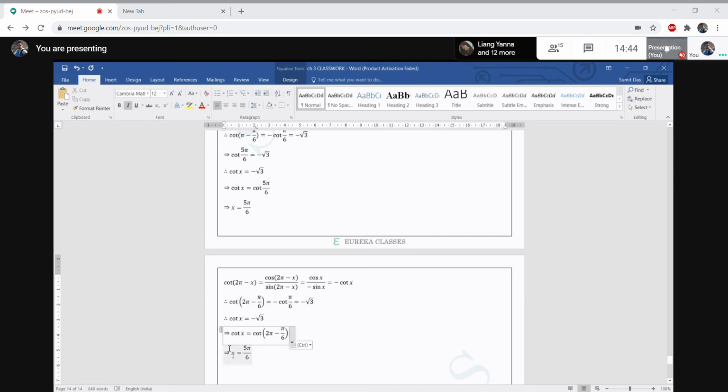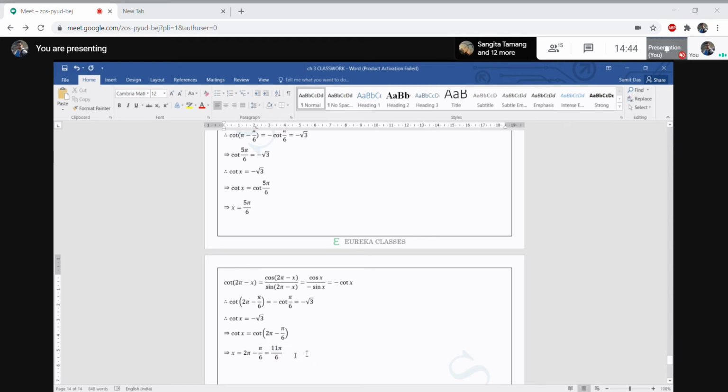So x equals, we'll get this value, which is something by 6, that is 11 pi by 6.